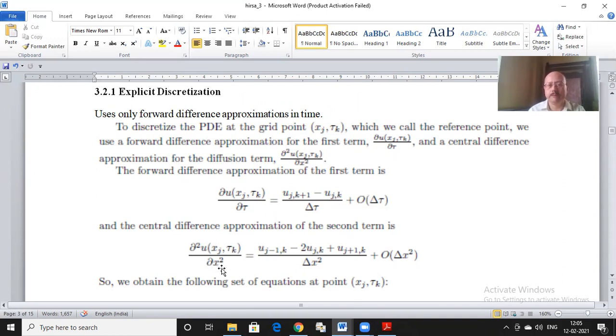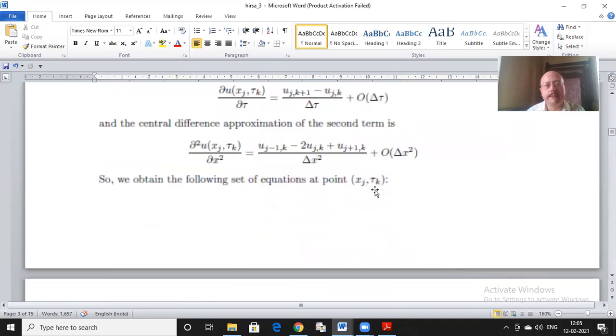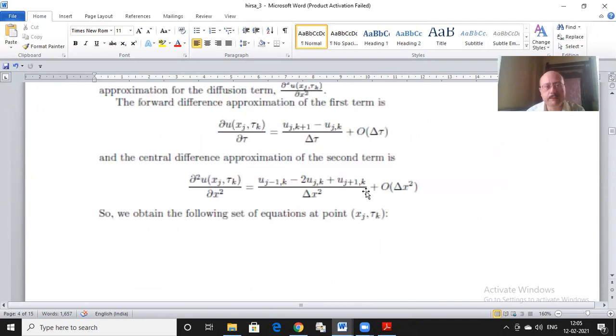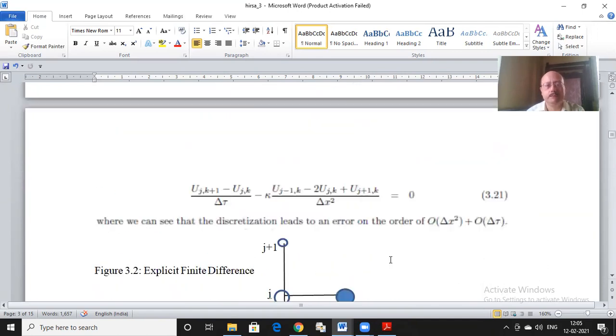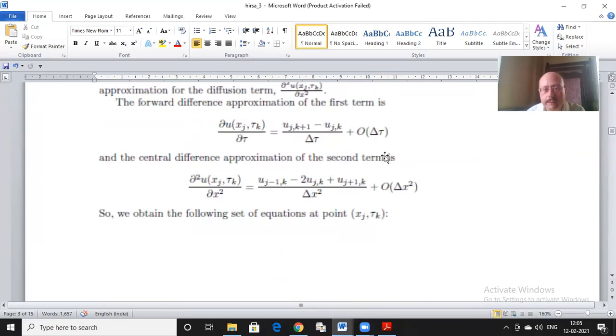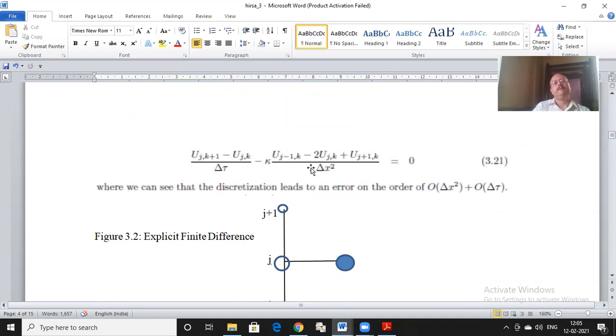Central difference for the diffusion, second derivative term, so I have this ratio, order of h square, as we have already discussed. So what is our equation now? At xj tau k, our approximate heat equation, we call it the approximate heat equation because I am ignoring all these errors of the order delta tau and delta x square. If I ignore them, I have the approximate heat equation as 3.21.